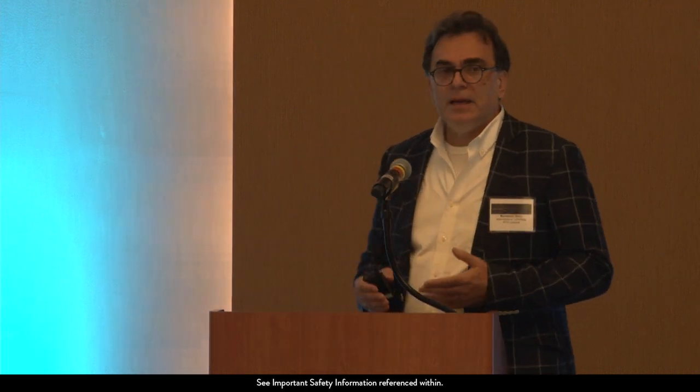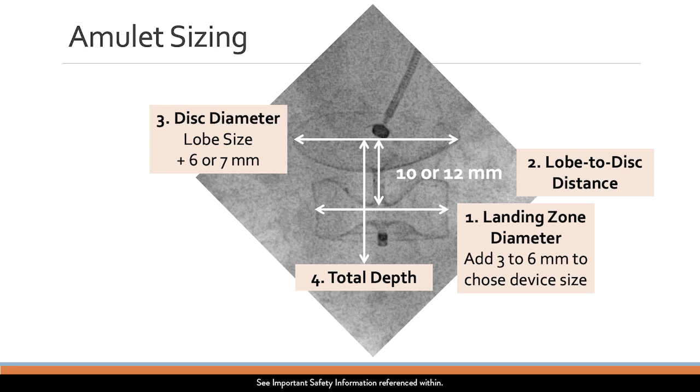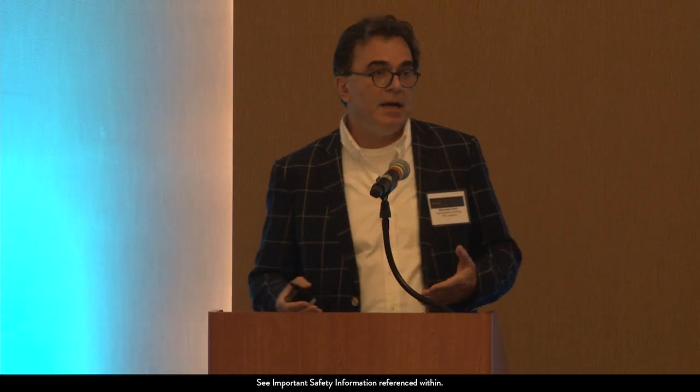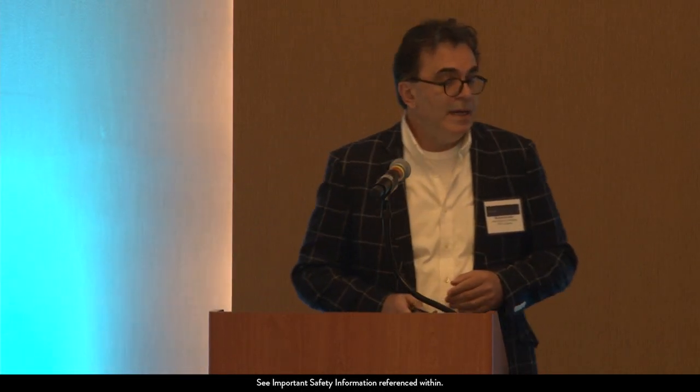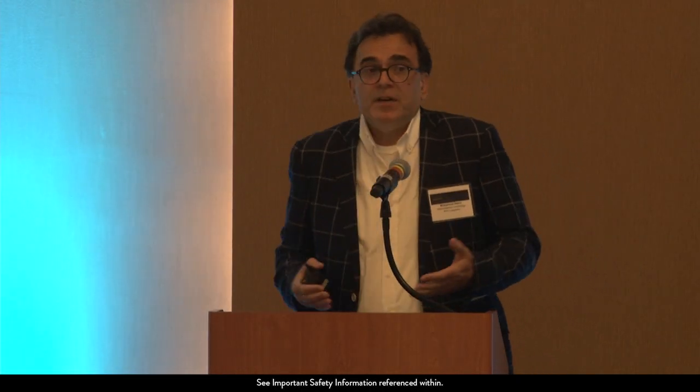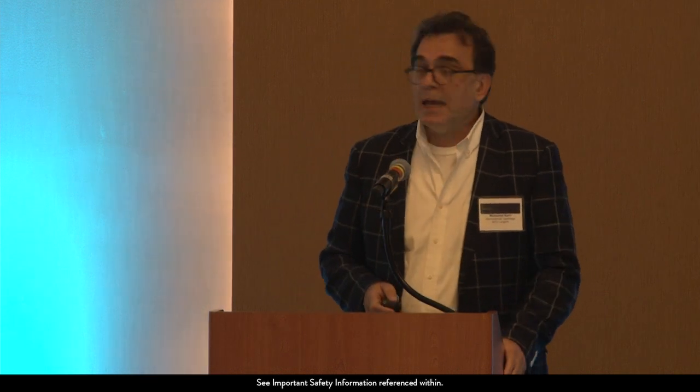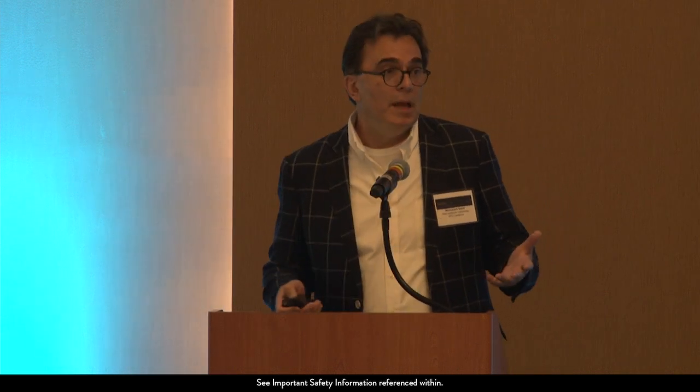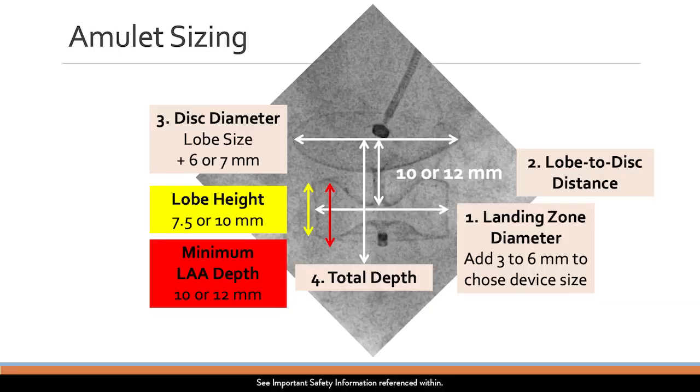And then I showed you these 4 dedicated pre-procedural measurements for Amulet. But often when I talk to my younger colleagues and try to introduce them to the field, they are very lost because of the abstract nature of those 4 measurements. So I'm now trying to superimpose those measurements onto the already installed device.